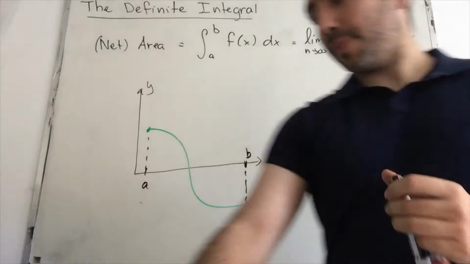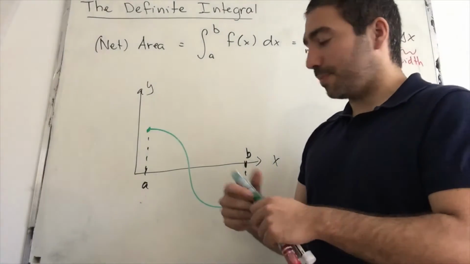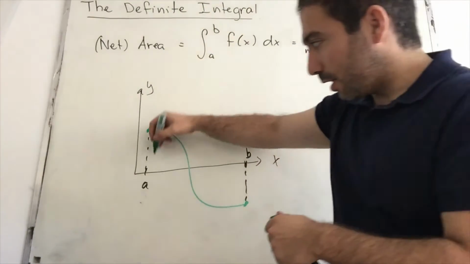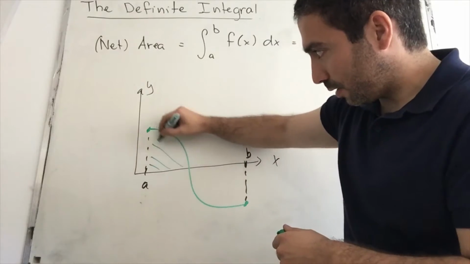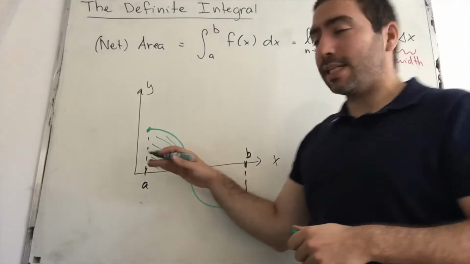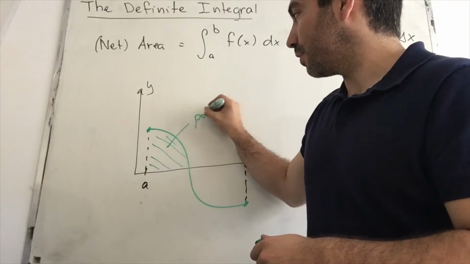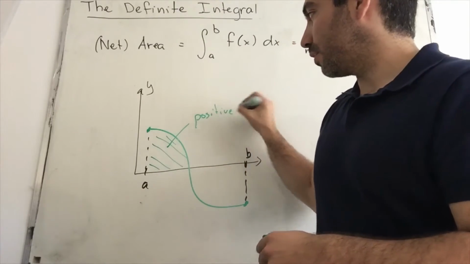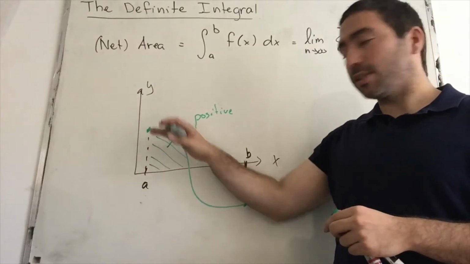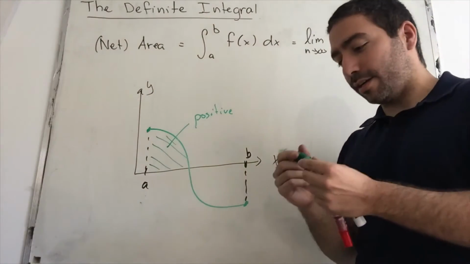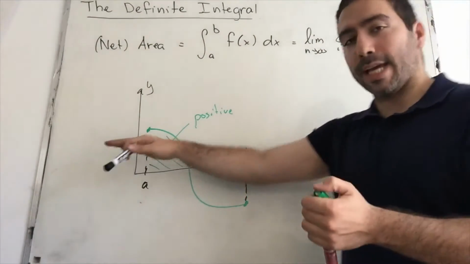Well, the reason why I'm saying net area is because this region over here, because it lies above the x-axis, is going to give us a positive answer. Okay, this is a positive answer, yet this region lies under the x-axis.